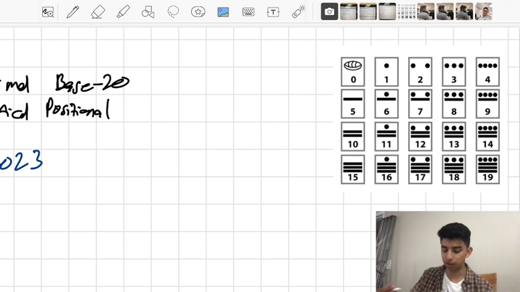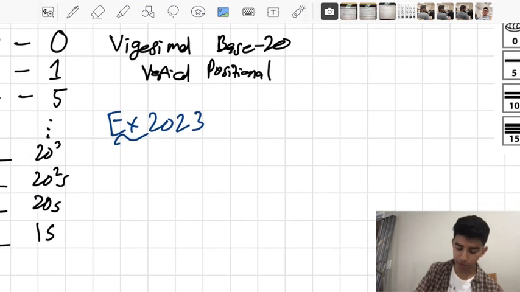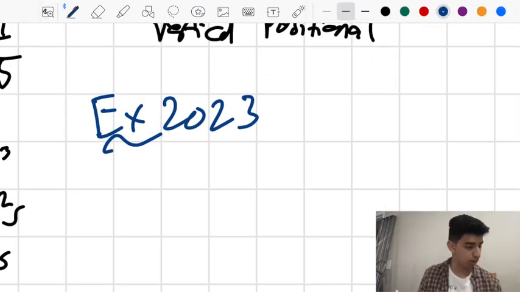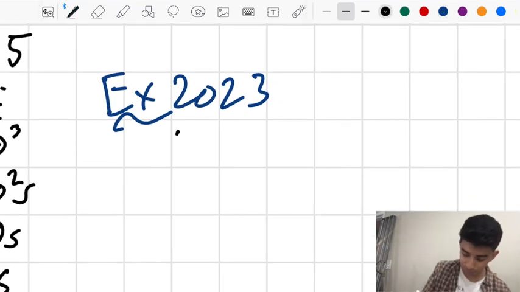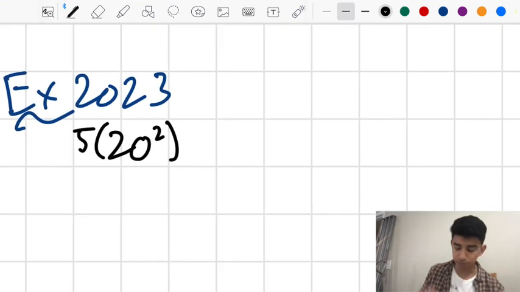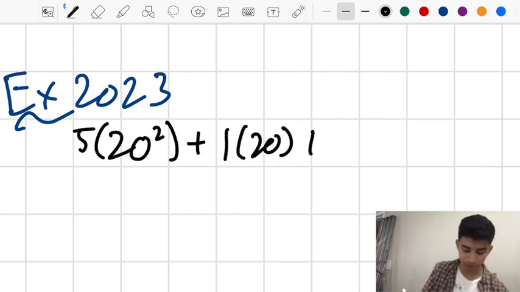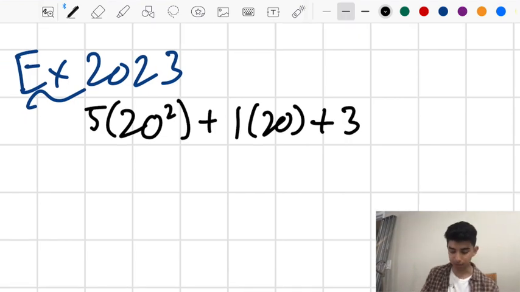As you can see, an example like 11 required 2 bars, 2 fives, 10, plus 1, and so on. So we can use 2023, and if I expand this out, it is 5 times 20 to the power of 2, plus 1 times 20, plus 3.